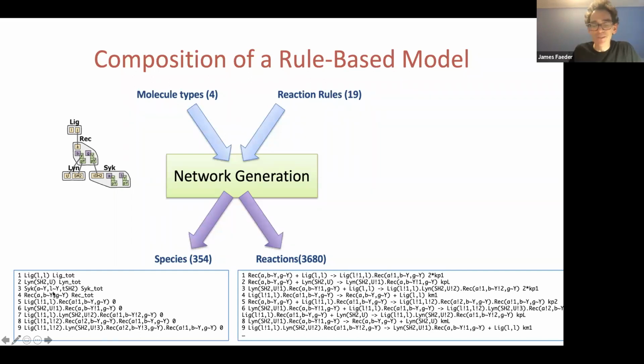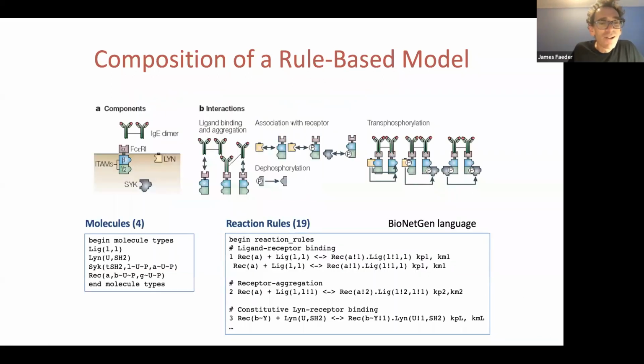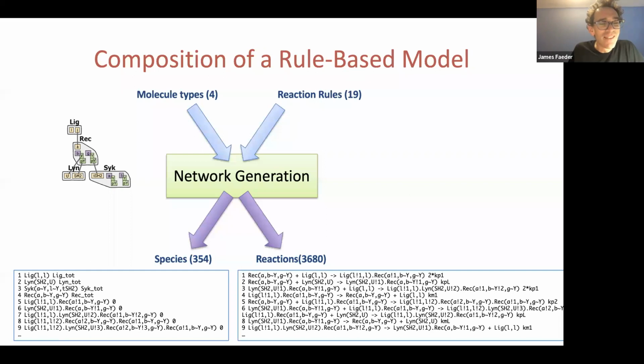Those of you who have good eyes will notice that the notation has unfortunately changed slightly between the different slides. Of course, within a model, those would have to be consistent, but I took these slides from slightly different places. So, right, we apply network generation, we generate lots of species, lots of reactions. They're all really boring. Some of them have factors of 2.